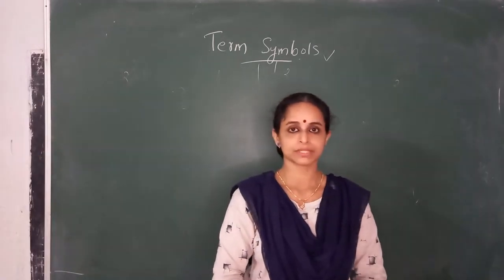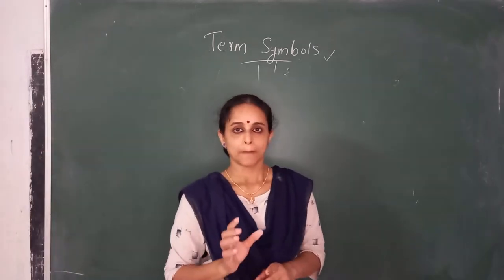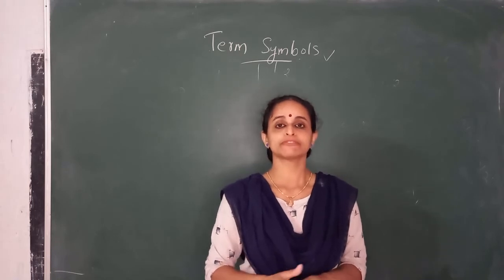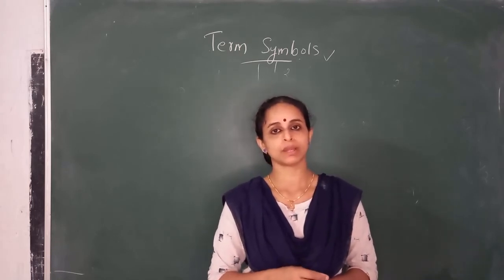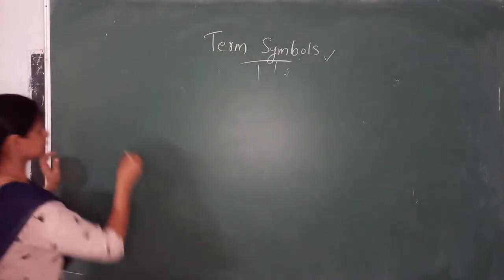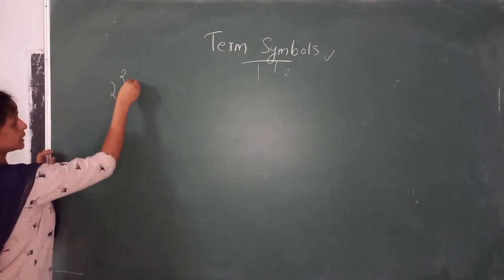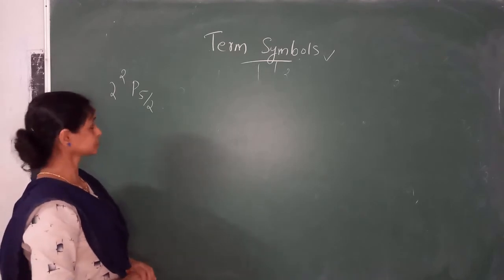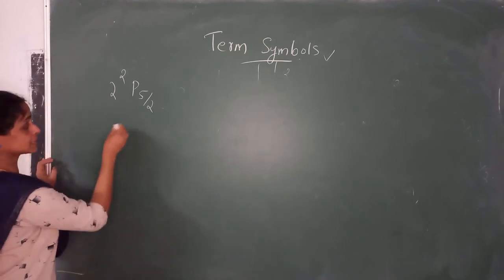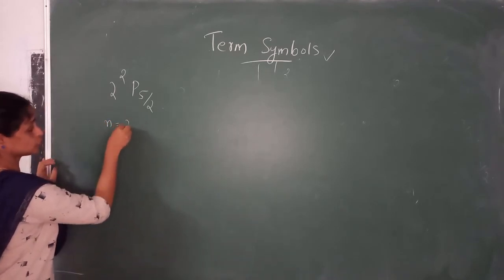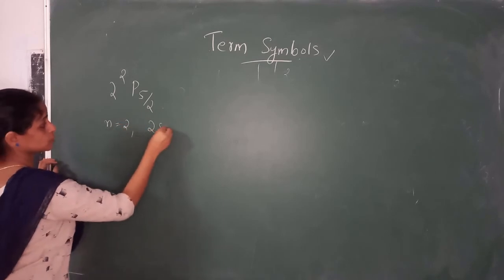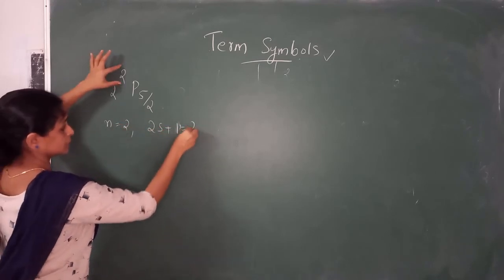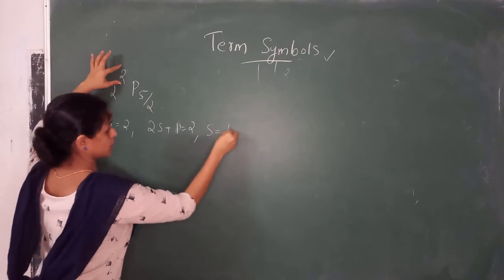Next question is to check whether the 2 doublet P 5 by 2 state is possible or not. So you can see that in this case n equal to 2, 2S plus 1 is 2, that is S is equal to half.